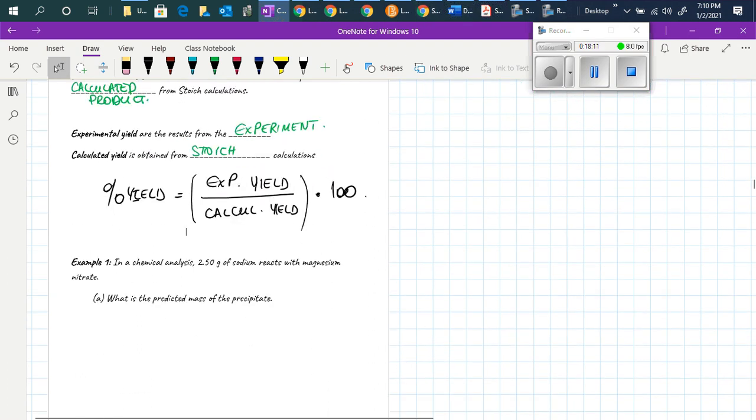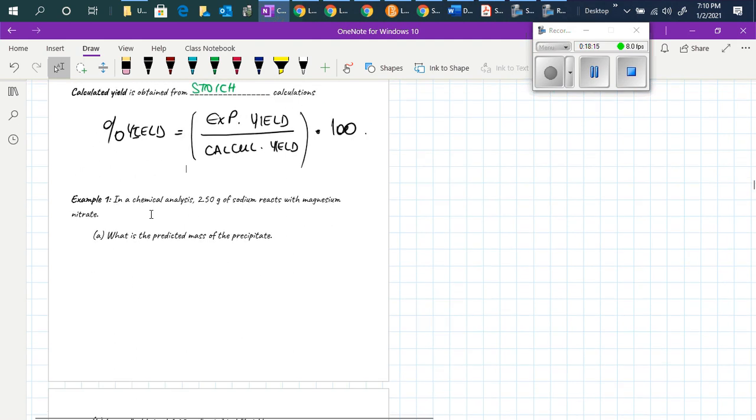So let's see now this example here. In a chemical analysis, 2.50 grams of sodium react with magnesium nitrate. What is the mass of the precipitate?